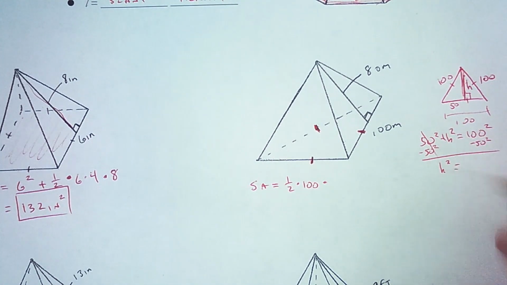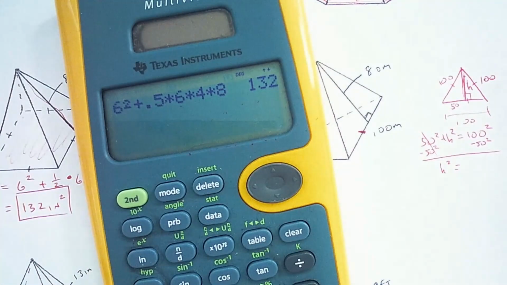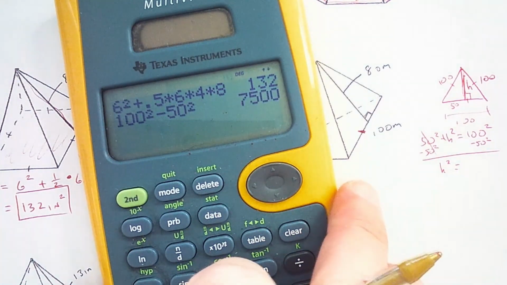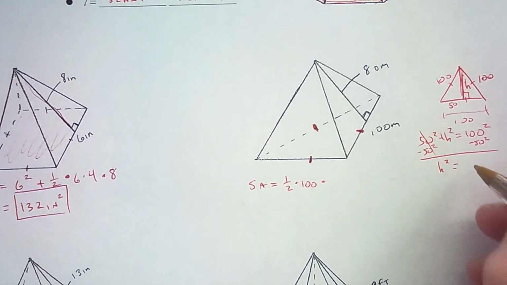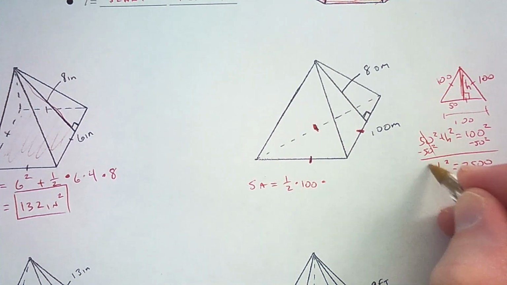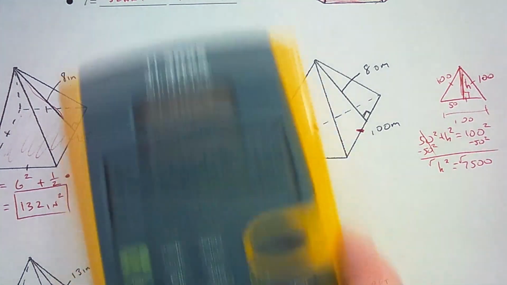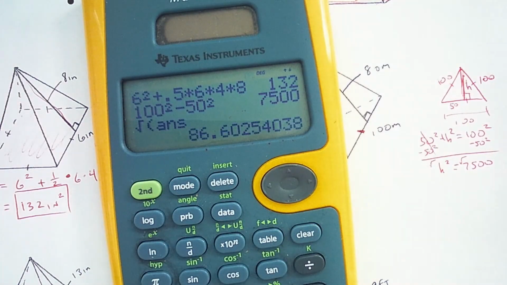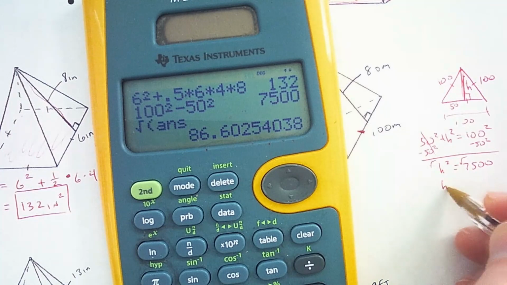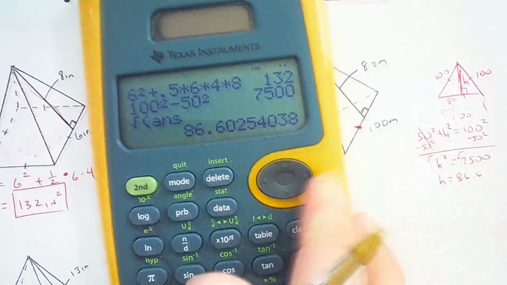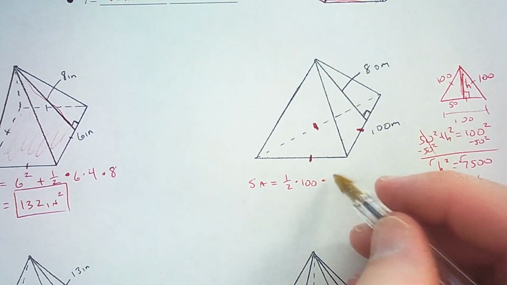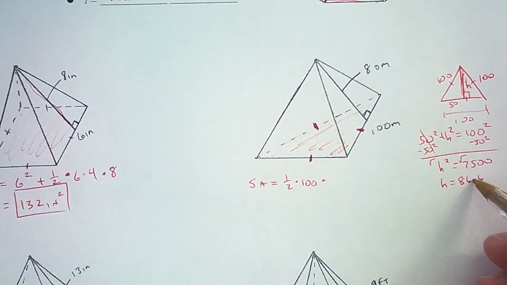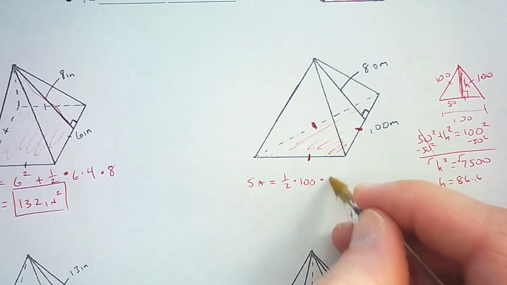We get h squared equals 100 squared minus 50 squared, which is 7,500. And then the square root of 7,500 is 86.6. So for the height of this triangle, we have 86.6.